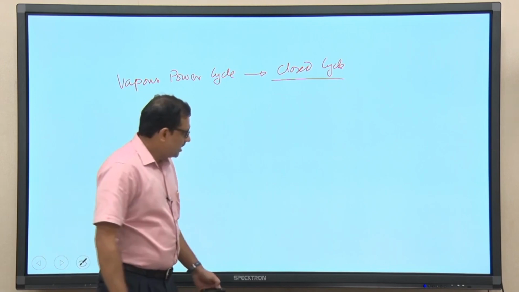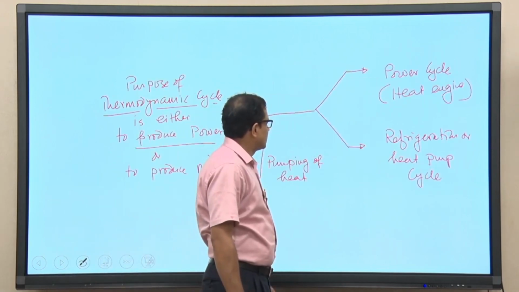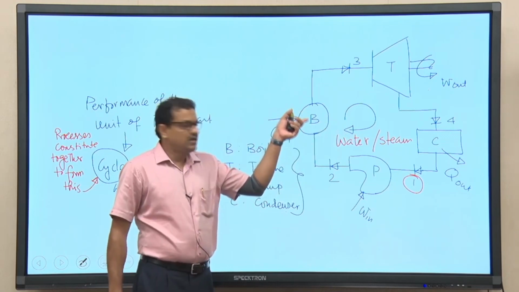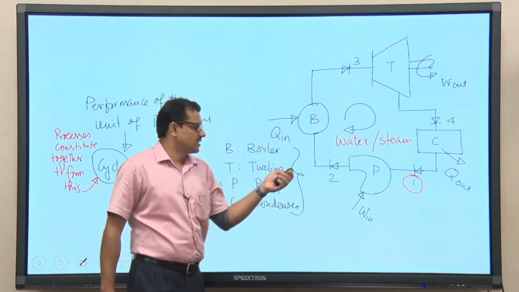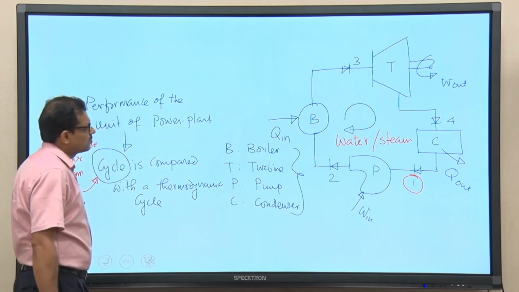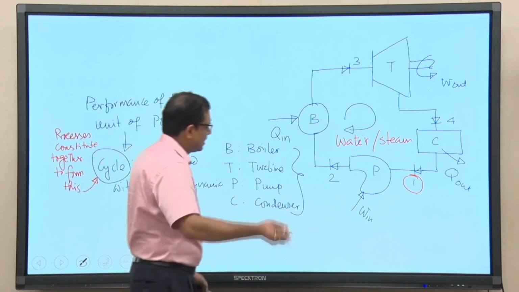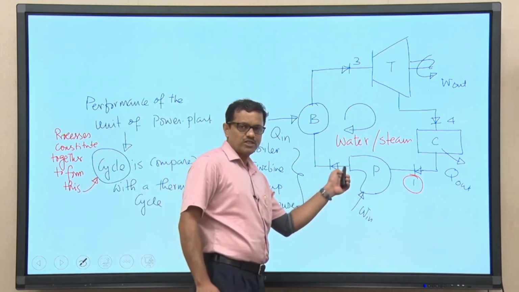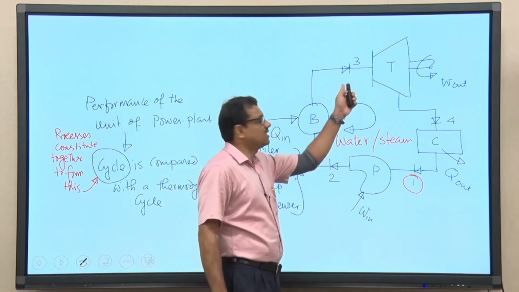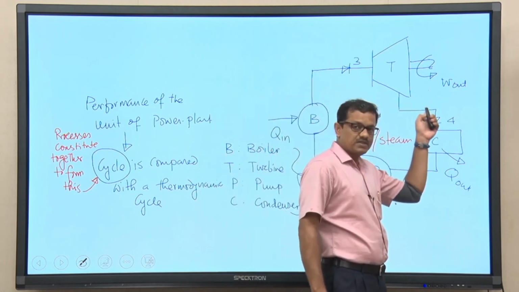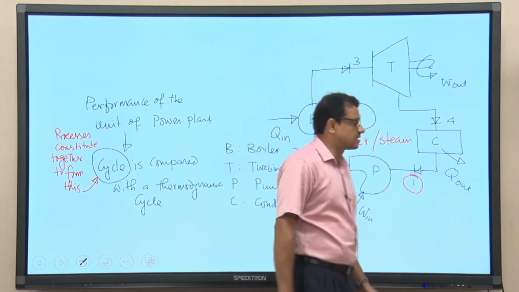If we go back to the previous slide, here we can list down several processes. What are the processes? 1 to 2, 2 to 3, 3 to 4, 4 to 1. I will be writing in the next slide. 1 to 2 is a pumping process, 2 to 3 is the boiling, 3 to 4 is the expansion of steam inside the turbine, and 4 to 1 is condensation.